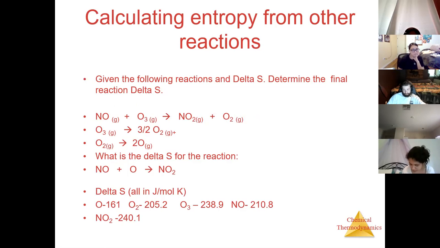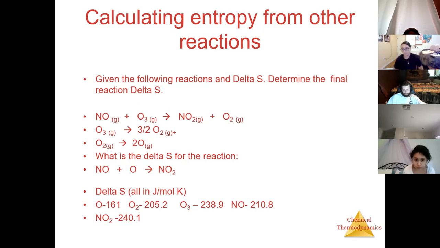Now, can anybody find an O in those three equations? Like a single one? A single O. The third one. Jessica, is the O on the right side?